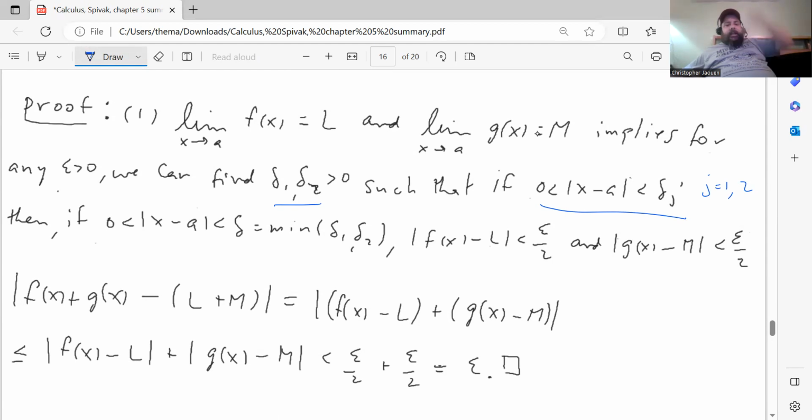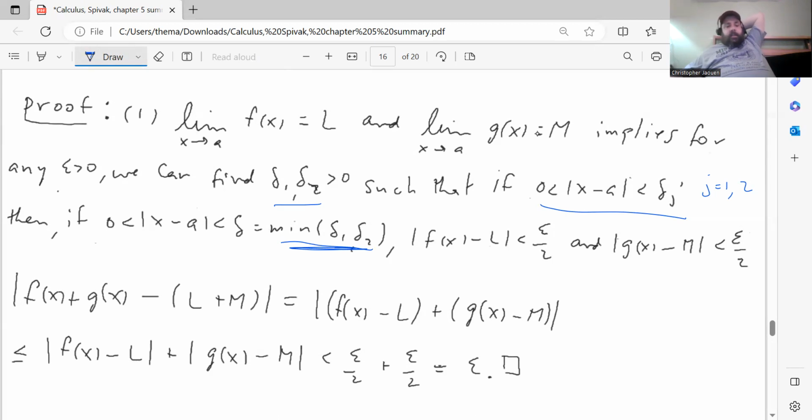Then if I choose delta to be the minimum of these two things, and if 0 is less than absolute value x minus A less than delta, which I'm defining here, then absolute value f of x minus L is less than epsilon over 2, and absolute value g of x minus M is less than epsilon over 2.